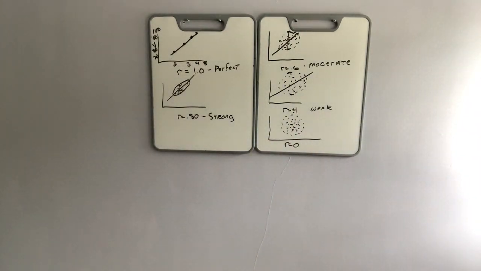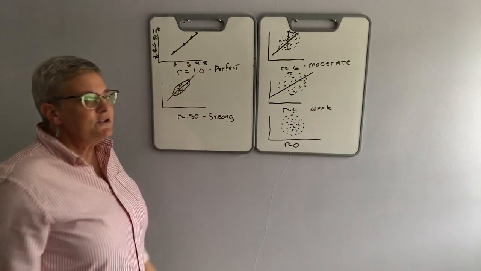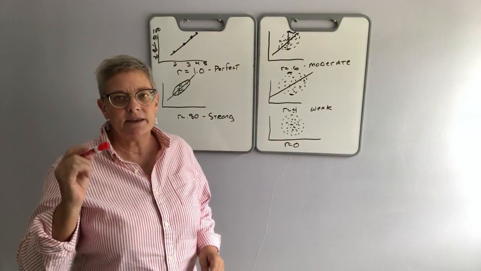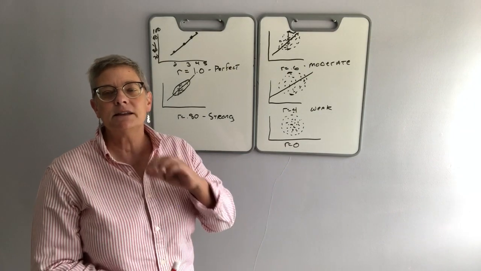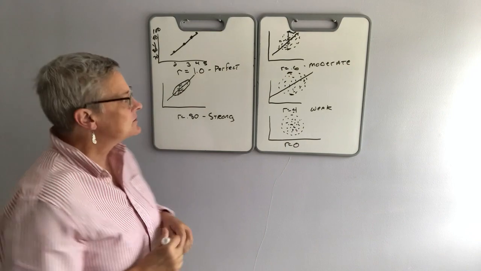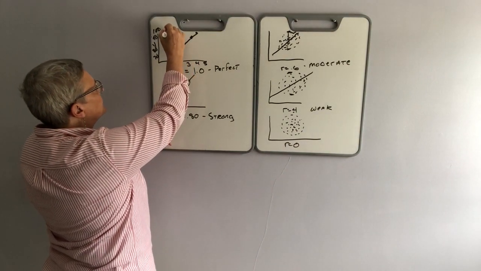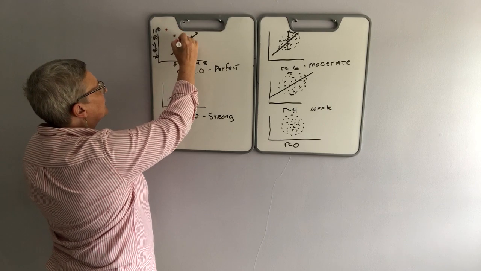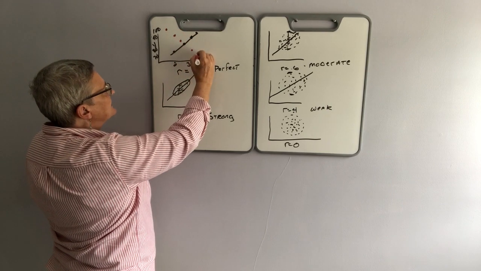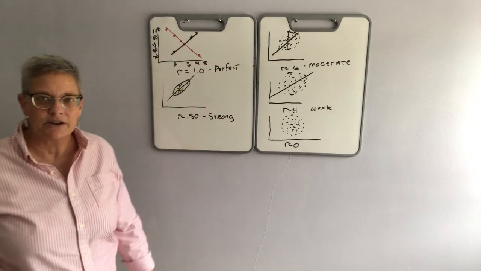Okay, so what happens when we go negative? Well, the interesting thing is that the negative scores are directly tied to their counterpart that's positive. So if I want a perfect negative correlation, it's a line, but it's sloped in the other direction.